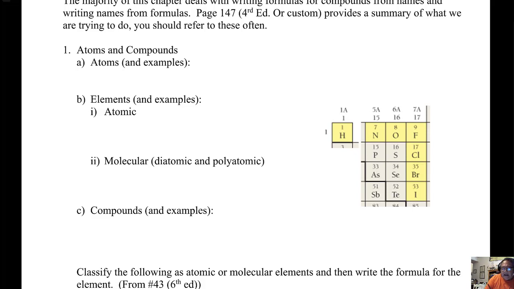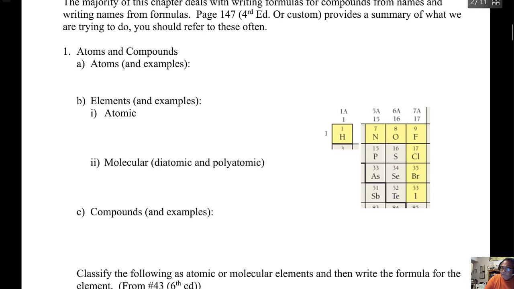So we have atoms like iron or mercury or lead. Every element on the periodic table is made up of atoms.